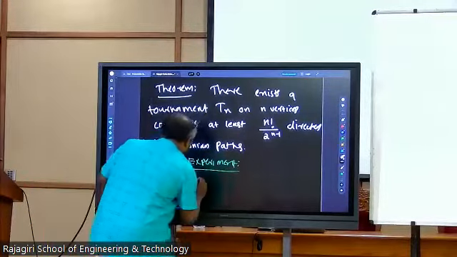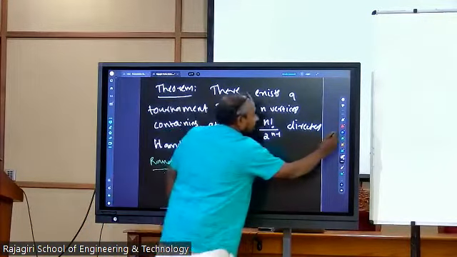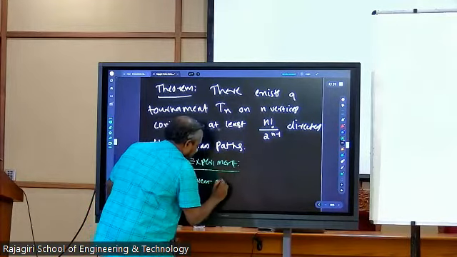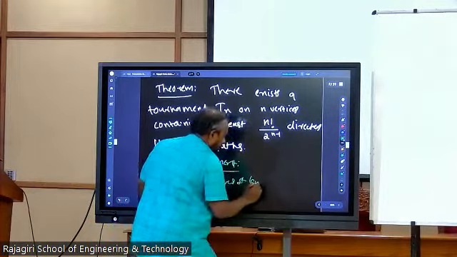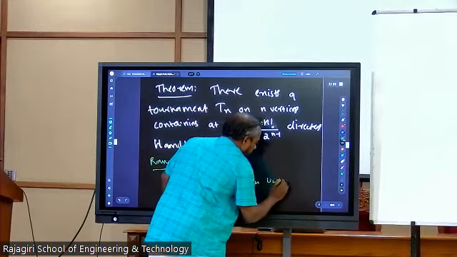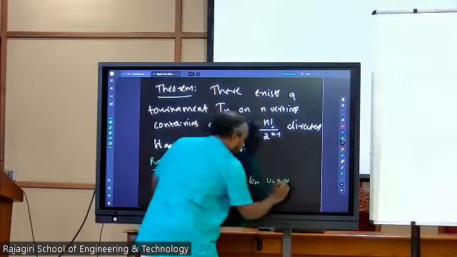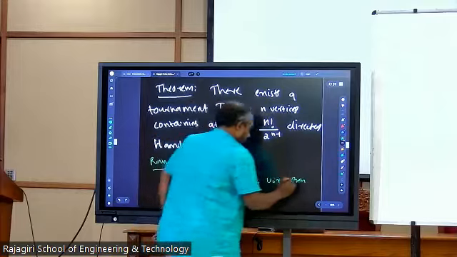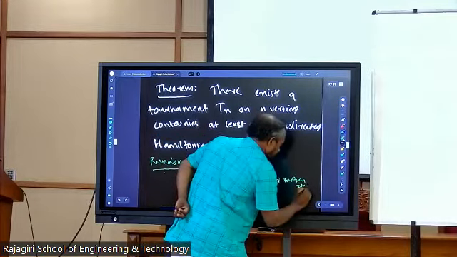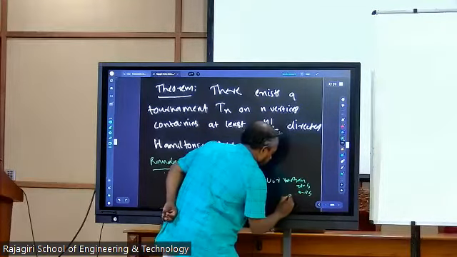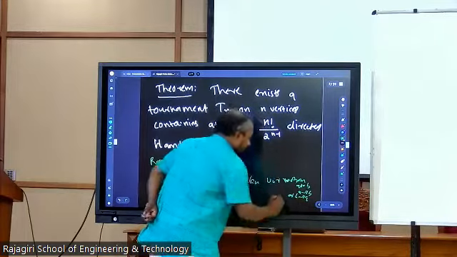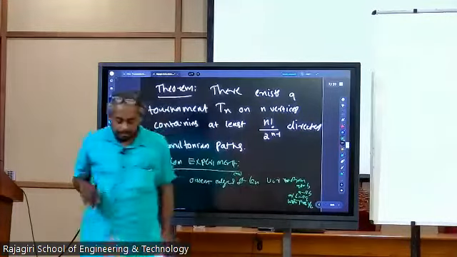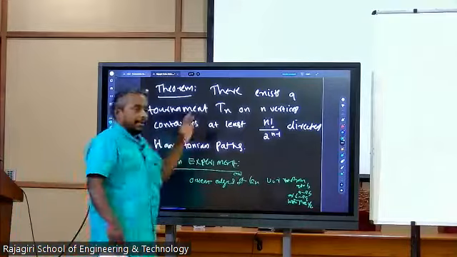Orient edges of Kn uniformly and independently at random, either from A to B or from B to A, each with probability half. Okay, so this is our random experiment.